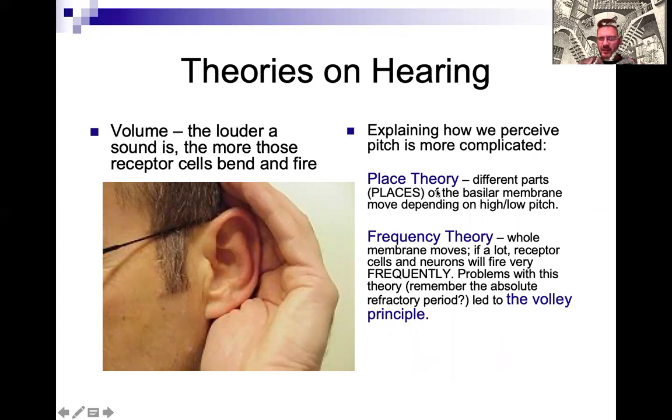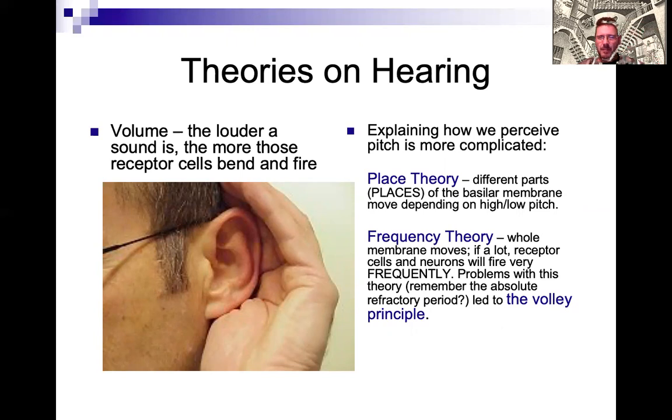What place theory basically states is that different parts of the basilar membrane will ripple based on whether it's a high-pitched sound or a low-pitched sound. So remember, the basilar membrane is just a thin tissue that surrounds the inside of the cochlea, that snail-shaped bone in the inner ear.